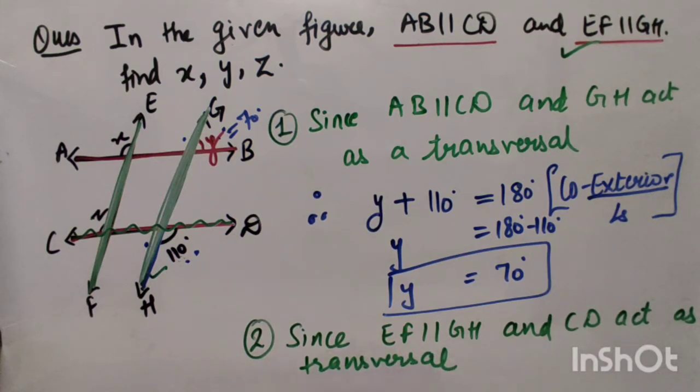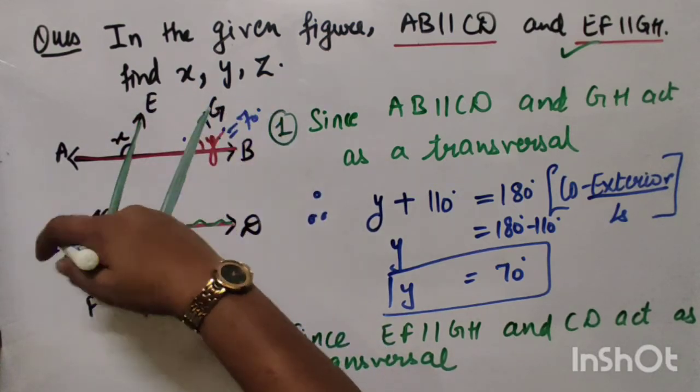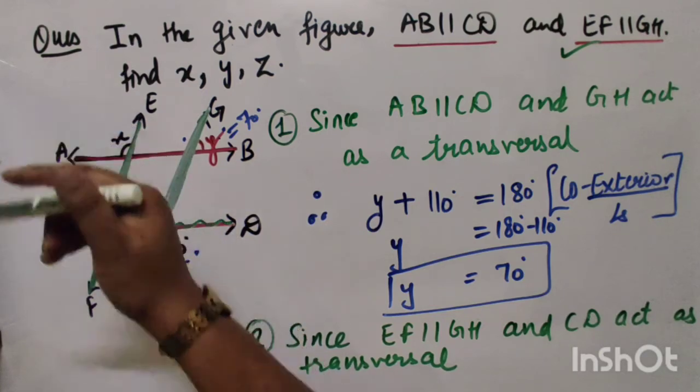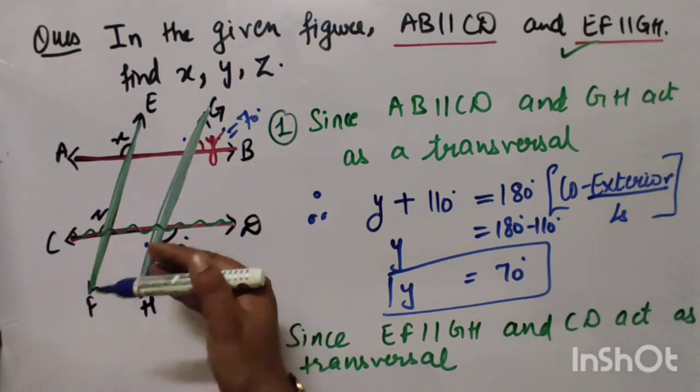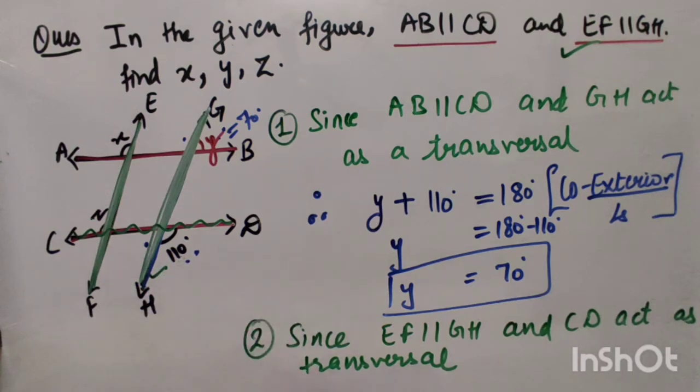Now after writing this, I have to see which relationship they are forming. So just see the relationship. This line is parallel to this one. Z is at the right side and in exterior, and 110 is at the left side and it is also in exterior. So first thing, they both are exterior angles, right?